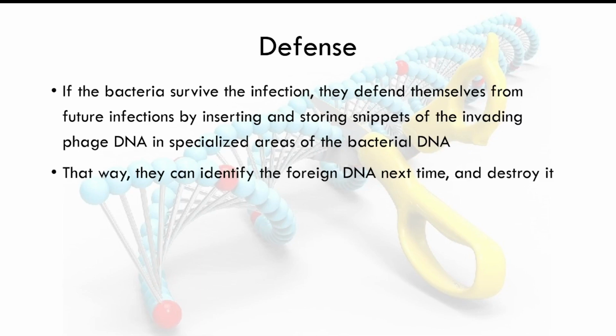If our bacteria survives the infection, they defend themselves from future infections by chopping out a bit of that invading DNA and saving it in their DNA strand, so they can identify the foreign DNA next time. It's like they've kept a teeny tiny copy of that DNA in their genome. Next time it comes along, they recognise that little piece of DNA when it injects, and they go, oh, don't want you, and they destroy it before it starts to be replicated.